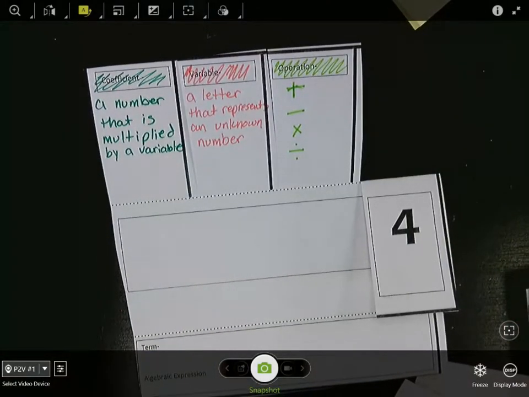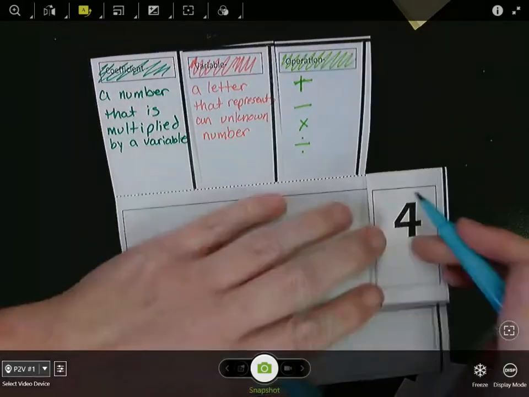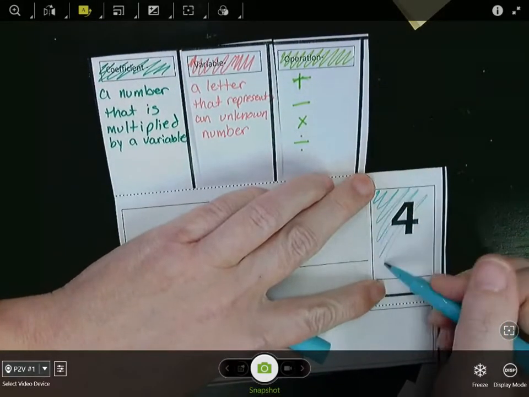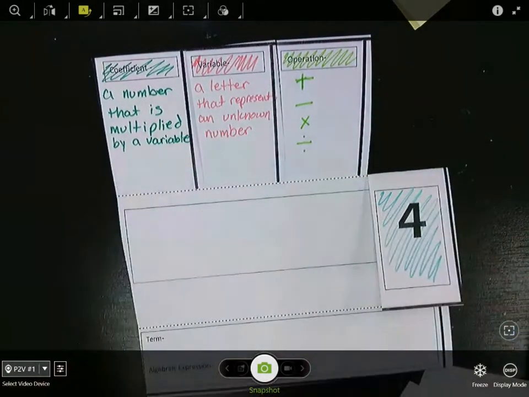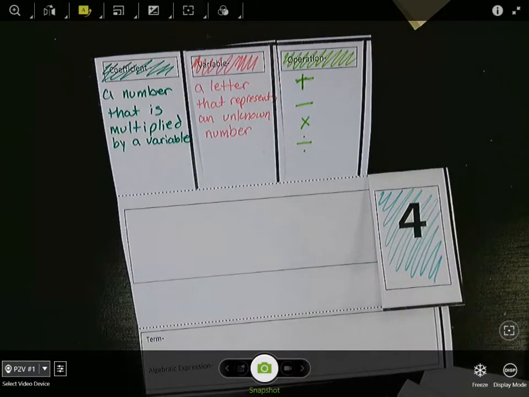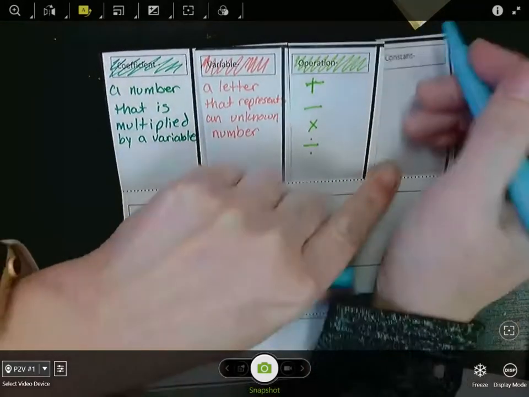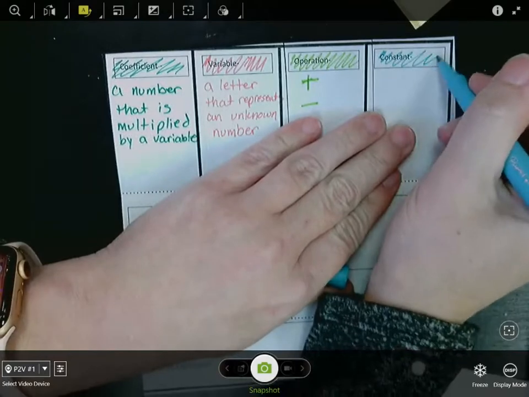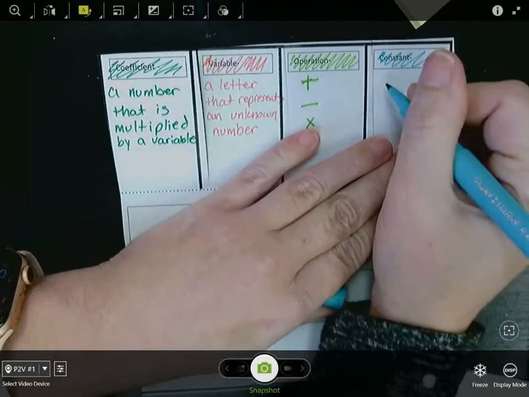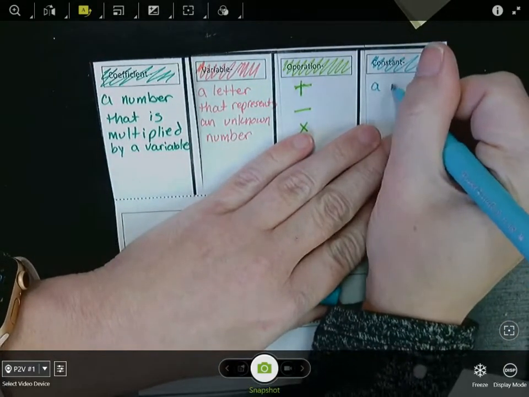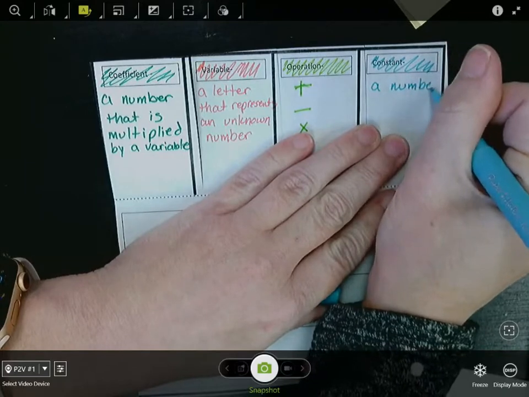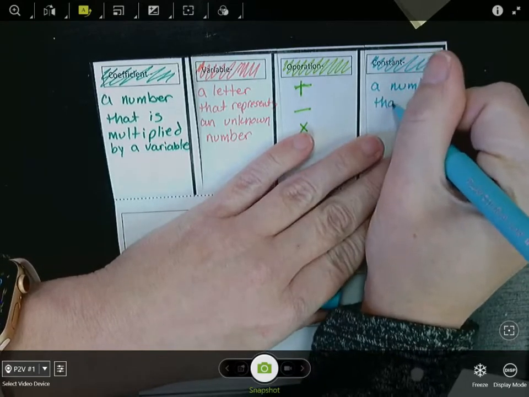And then the last part, the 4. This 4 is what's known as a constant. It's a number that stands alone. It's not being multiplied by any variables, a number that stands alone.